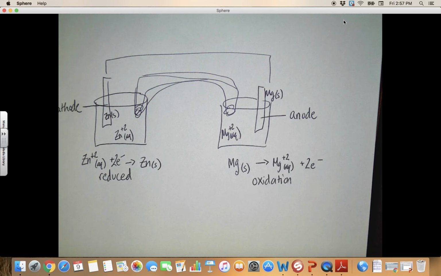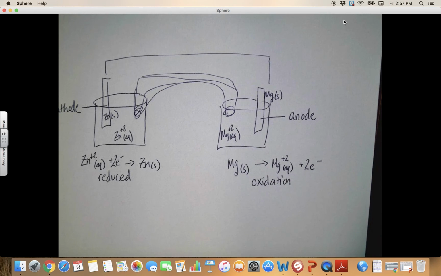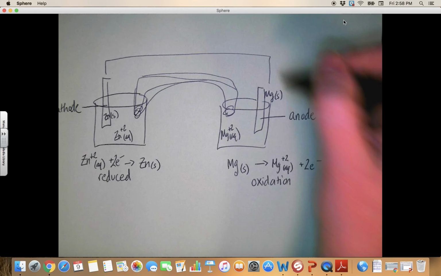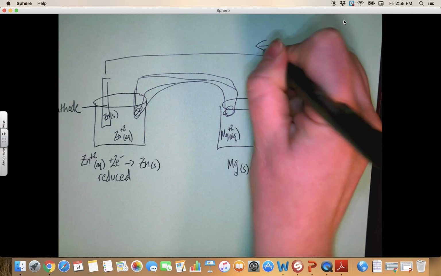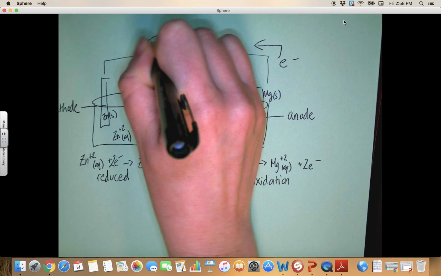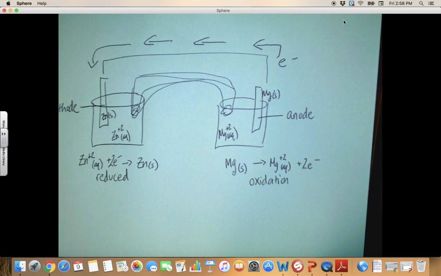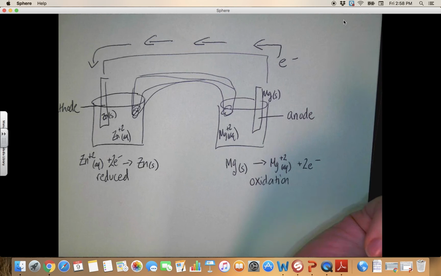Okay, so we said label the electrodes with the name and the charge. Well, we haven't talked about the charge of the electrodes yet, but this is actually really important. Our electrons are going to flow from anode to cathode.